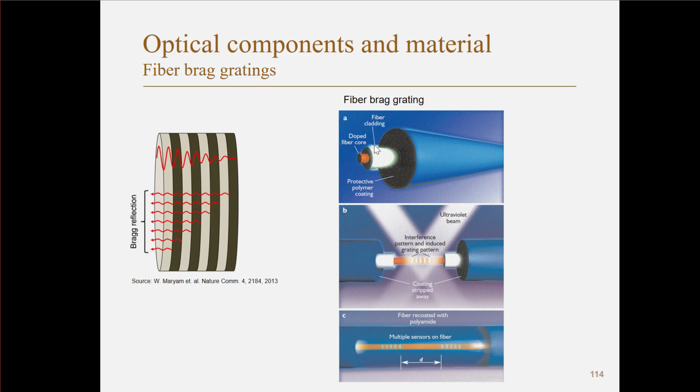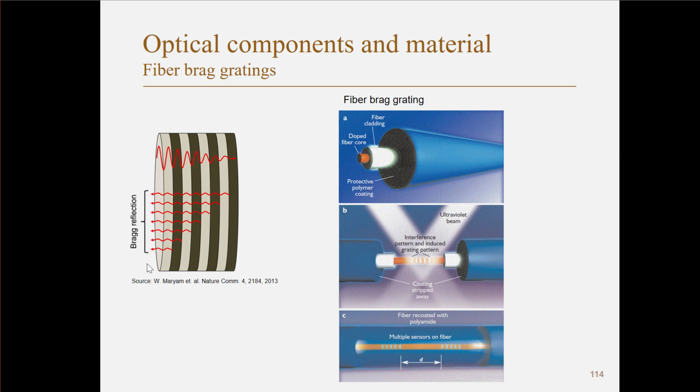That means that inside the fiber, if light comes traveling inside the fiber, some colors can be reflected and some colors can be transmitted, and you can make mirrors. By doing this at multiple different places inside the fiber, you can also create fiber cavities. By putting one mirror here and one mirror over here, you create a fiber cavity.